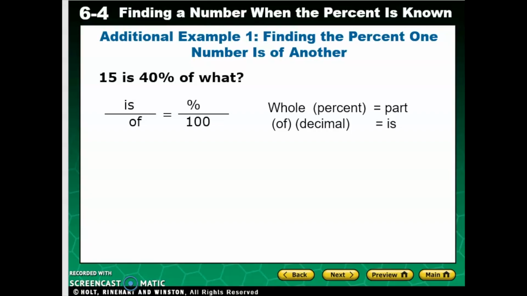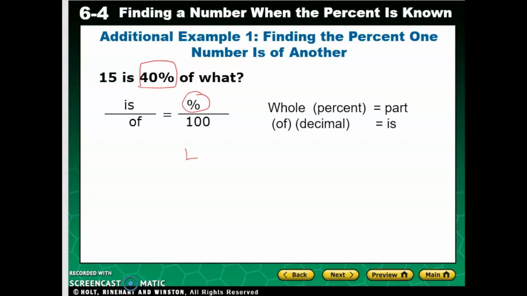So if we're looking at this first problem here, again, we want to look at the numbers that we know. So right off the bat, I see this percentage. So that would be the very first thing that I would want to note, is that I have a percentage, and that would go in place of the percent sign.